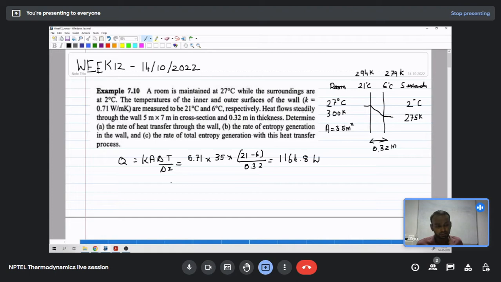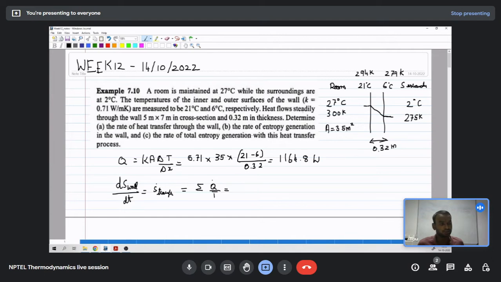Now we need to find the rate of entropy generation in the wall. Across the wall, the entropy generation, or total entropy change, is given by dS/dt equal to the sum of the rate of heat transfer divided by temperature, that is, Q dot over T. We have two heat transfers across the wall.